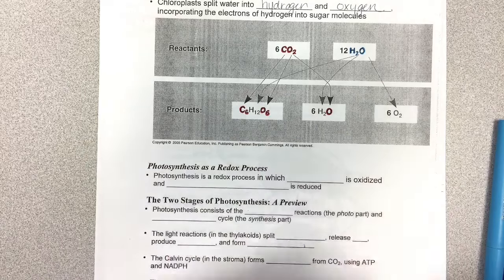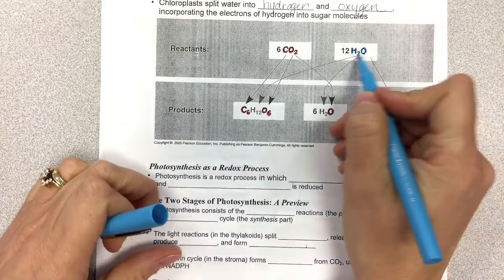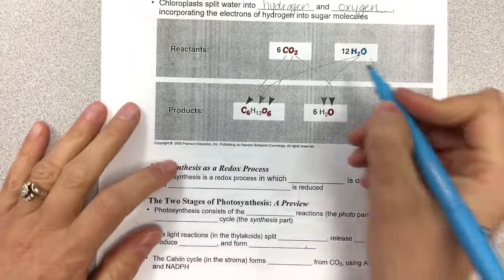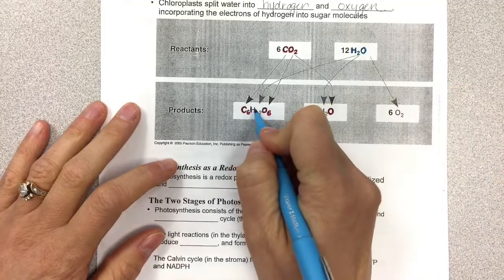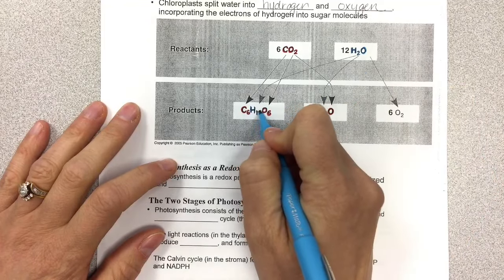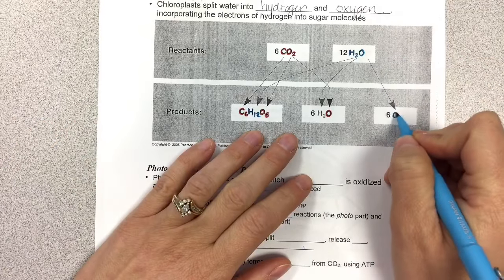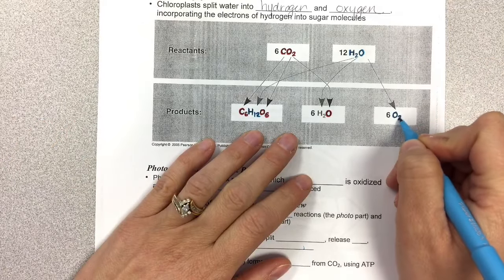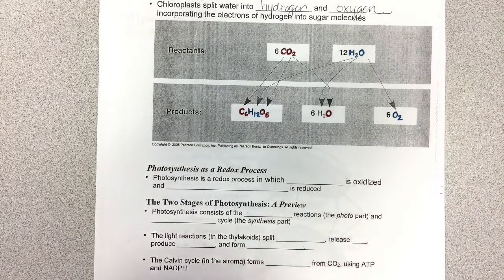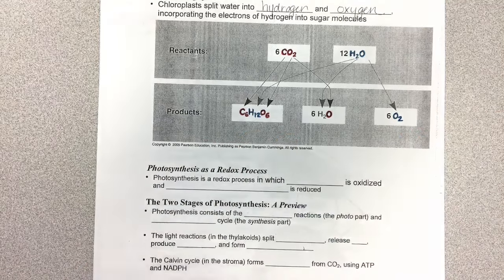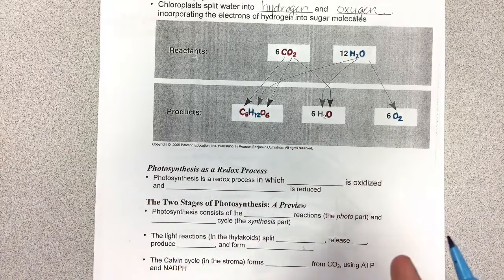The H comes from water. So when the bonds between the hydrogen and oxygen are broken, the hydrogen goes to the hydrogen here, and the oxygen is the oxygen that the plant gives off. That's where the O2 comes from. So this shows you the destination of the reactions.